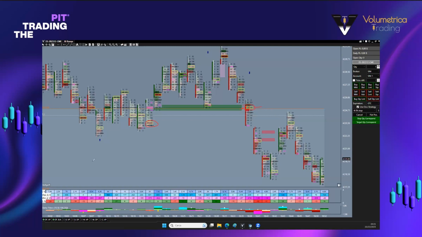But then, why are some green levels lighter and some others darker? Well, the shading of the green or the red is given by how strong that delta actually is. Yes, dominance is of buyers here.